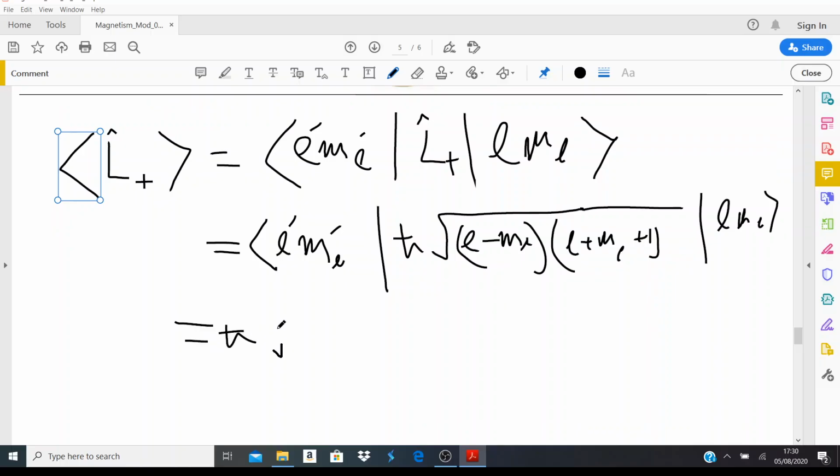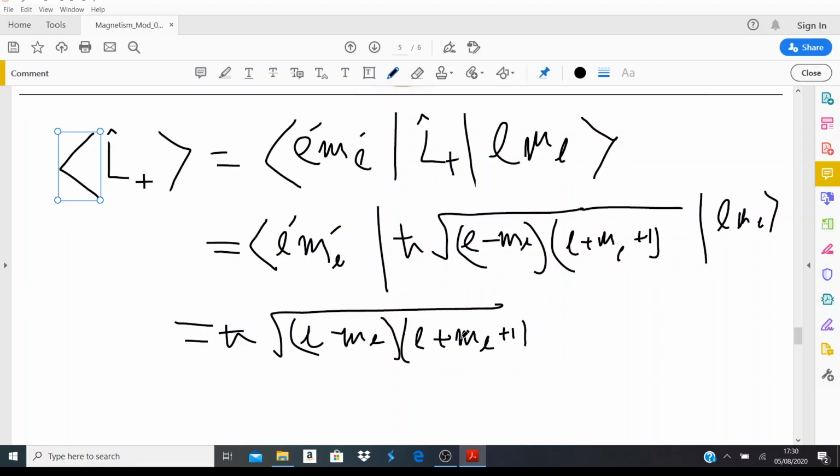So if you bring it out, you will have the square root of L minus ML times L plus ML plus 1, and then the inner product between, oh sorry, so I think I have made a mistake here. So it should be ML plus 1, right? Because this operator, when it hits on the state, it will increase the ML by 1, so ML plus 1.